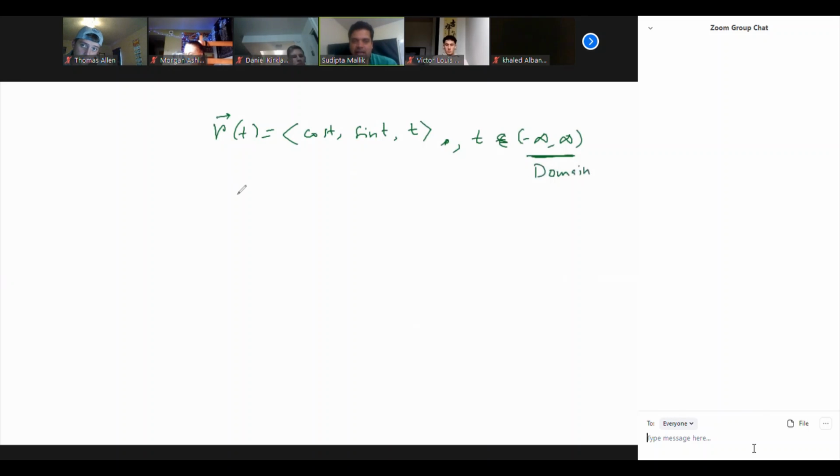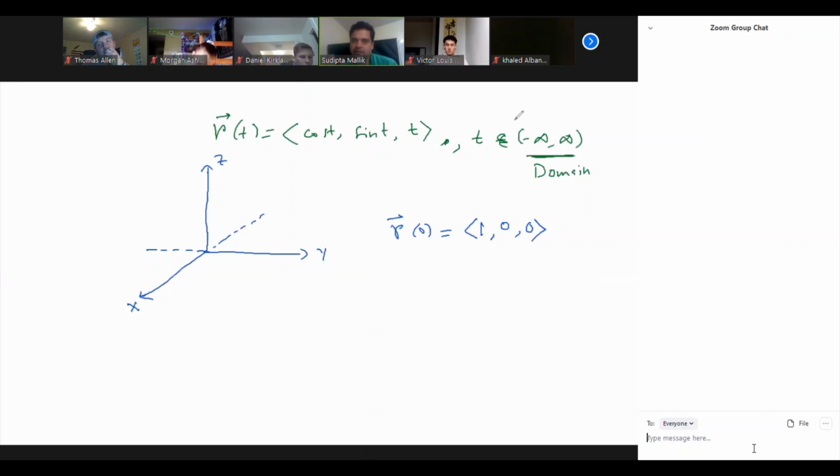How do you draw that? You can use projection, but let's just draw a few points. X-axis, y-axis, z-axis. For example, if you plug in r at 0, what do you get? Cosine 0 is 1, sine 0 is 0, and this is 0, right? What is that point? 1, 0, 0.